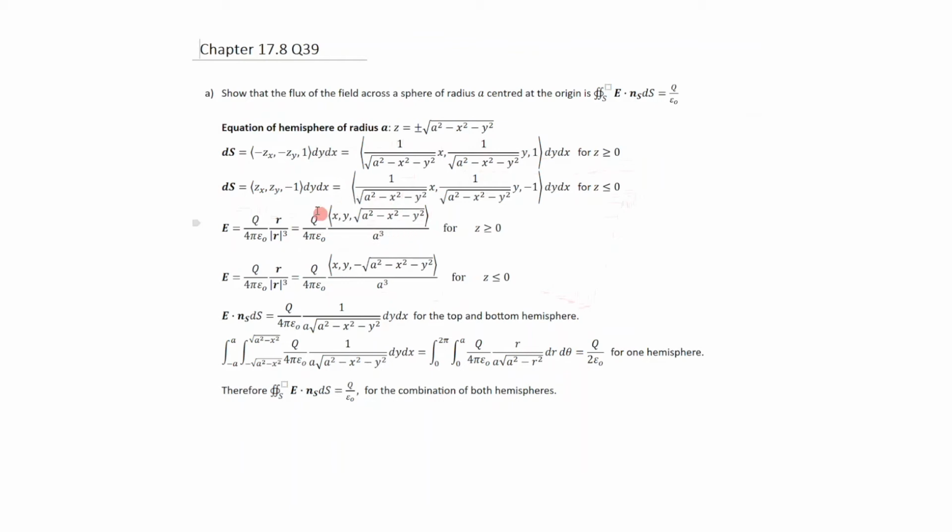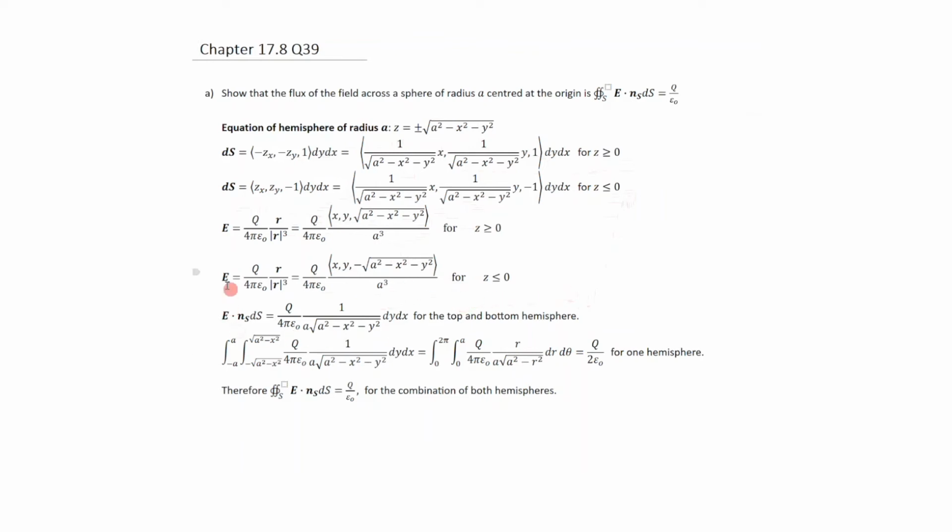So this is the expression for the electric field for the upper hemisphere. And for the lower, if you go through the same procedure, you find you get the same answer. So this is purely mechanics. Just work through the mechanics and convince yourself that you get this result.